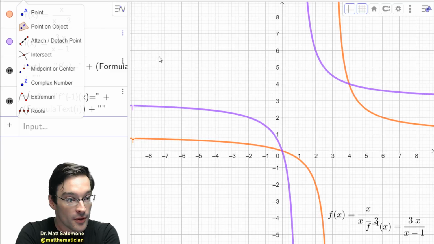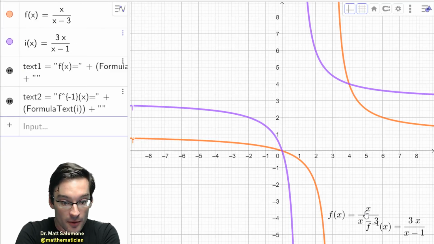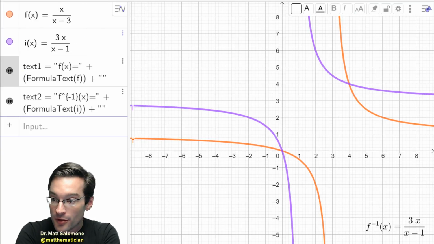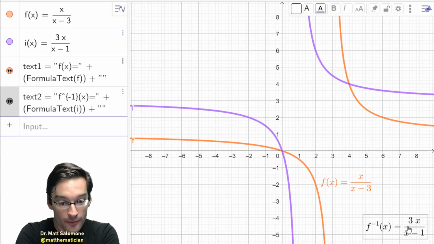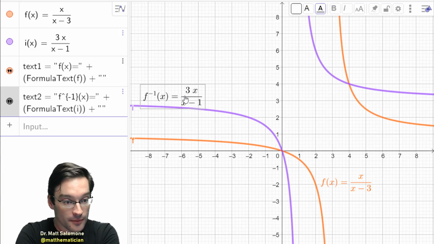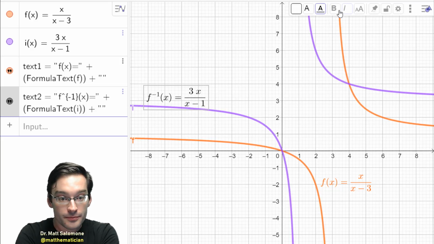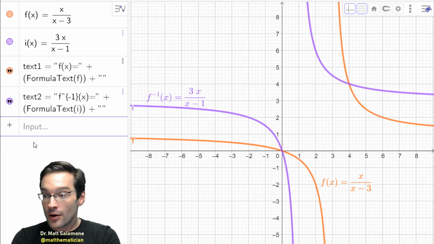Let me move those into position. What we want to know is the relationship between those two things. Here's my color coding, and this was my graph of the inverse. I'm making stuff on the fly here. Great, so here are the two graphs.